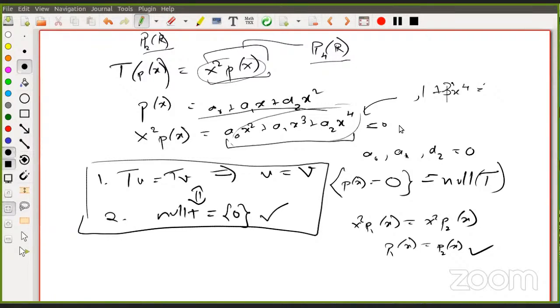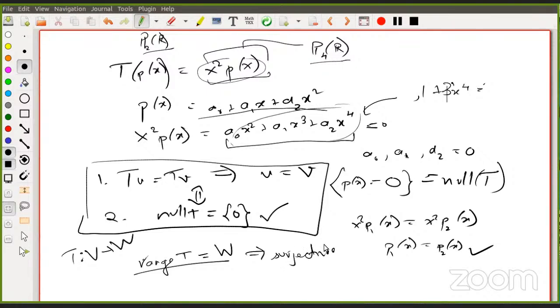Which means any constant or linear polynomial will never be mapped to, so obviously the range is not equal to the codomain. The condition for surjectivity is: if the linear map T maps from V to W, and range T equals W, then you can say that it is surjective.